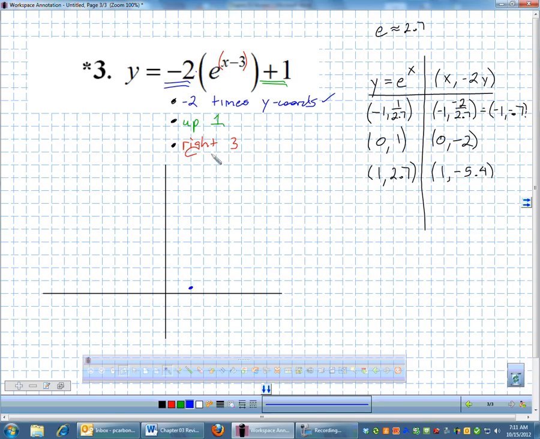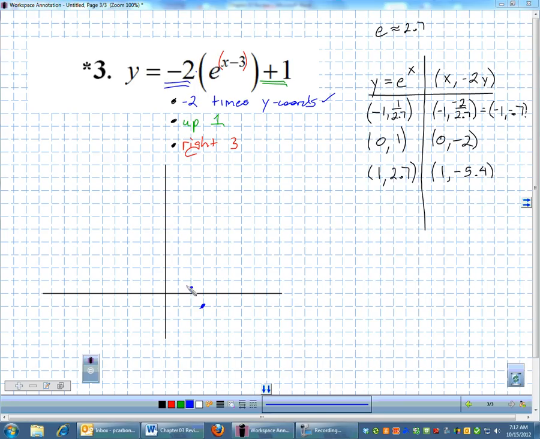Okay, and then 0, -2, up 1, right 3, and 1, -5.4. I'm starting about here, but then I need to go up 1 and right 3: 1, 2, 3. And those are my 3 points, and don't forget about the horizontal asymptote.